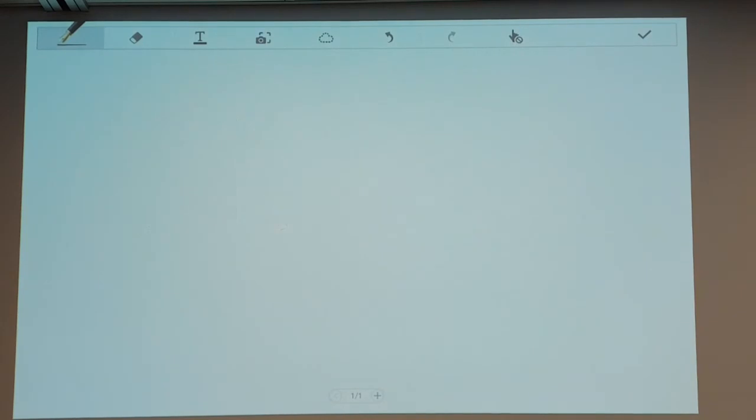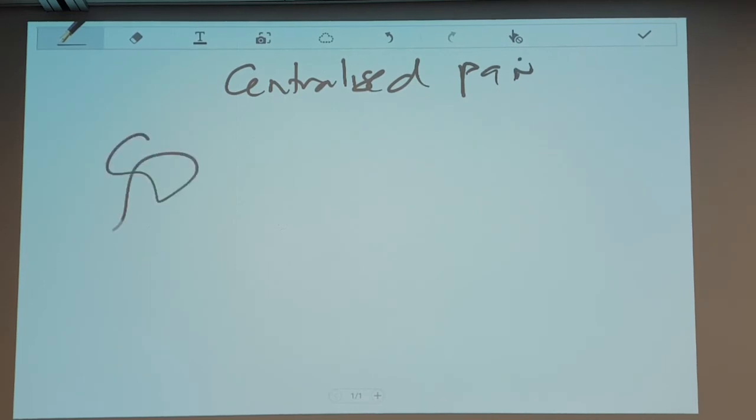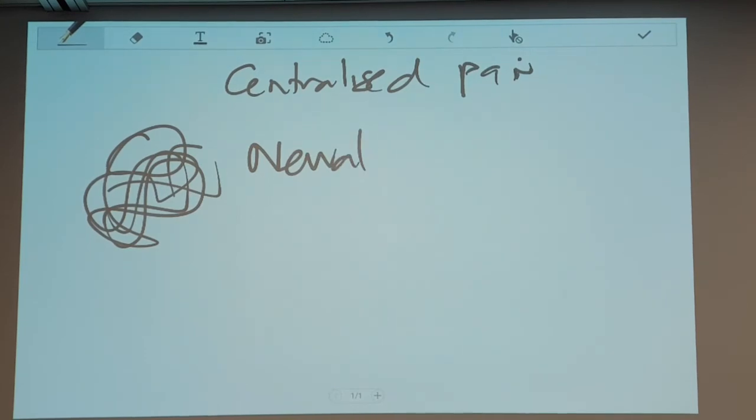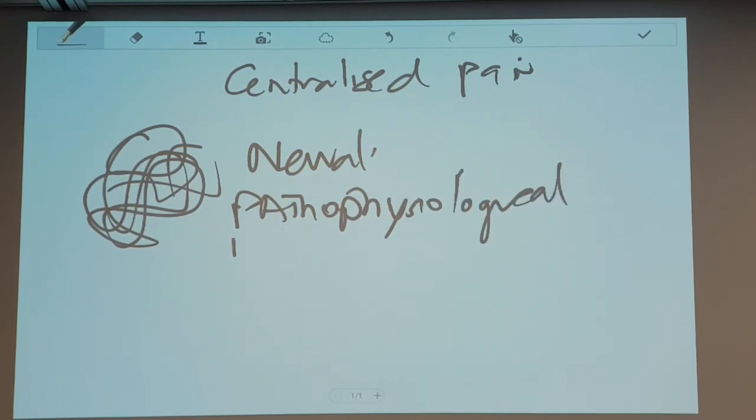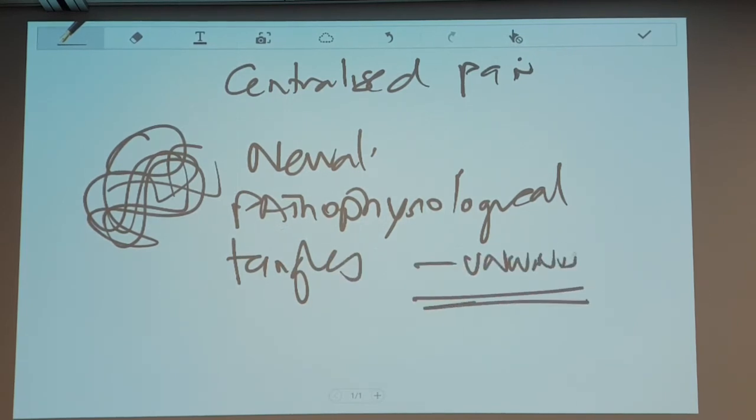And in order to eliminate centralized pain, in order for those little tangles, we can call them neural physiological tangles, to unwind, we have to remove the threat. We have to remove the threat.